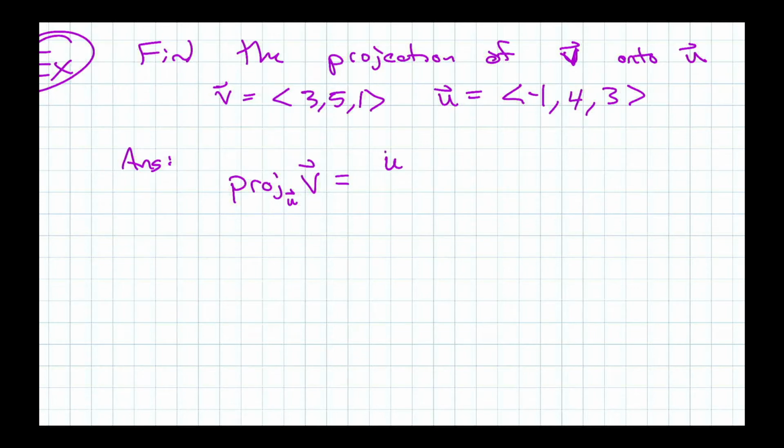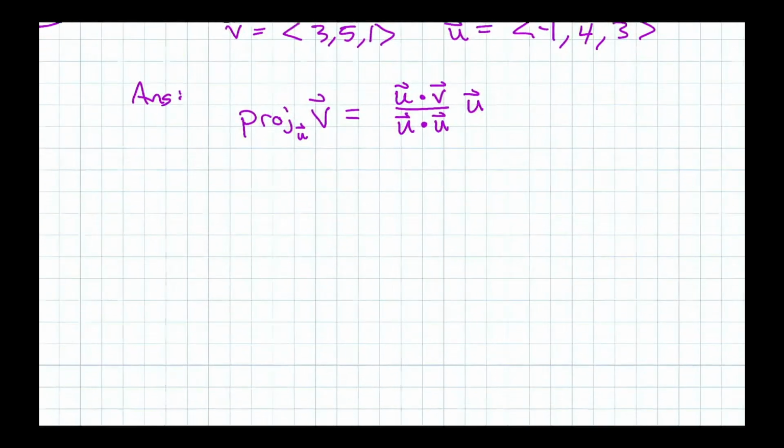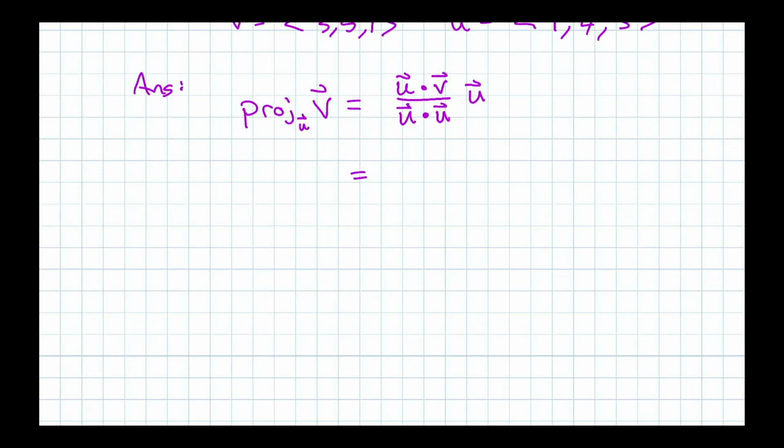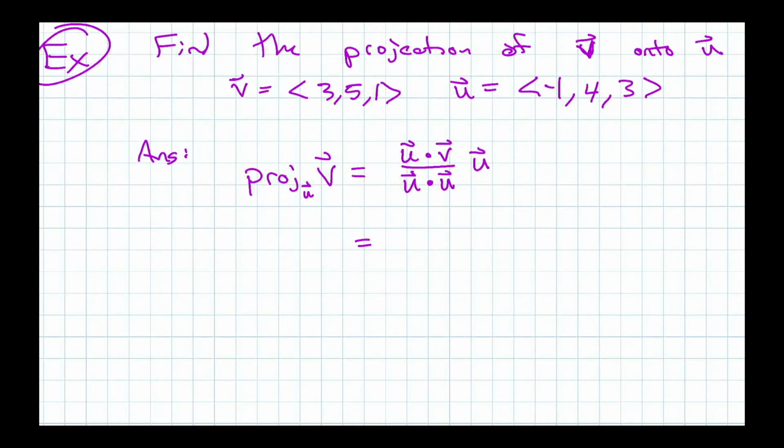So it's going to be u dot v over u dot u, times u, right? So everything's a u except for this single v. Okay. So this is not actually that hard to work out. We just put everything where it goes.